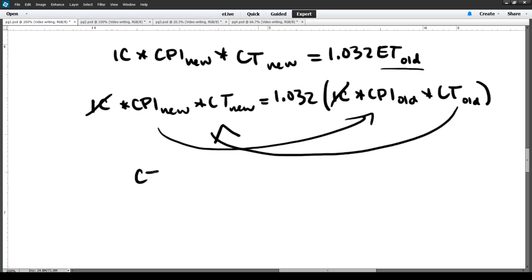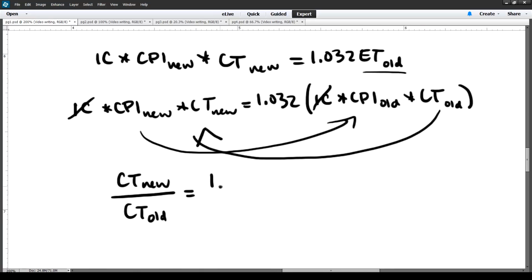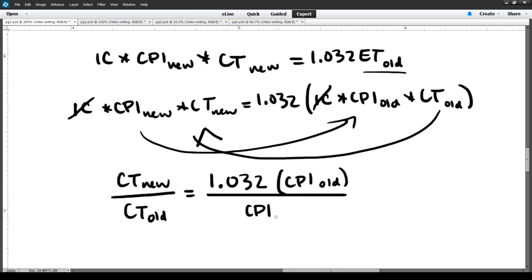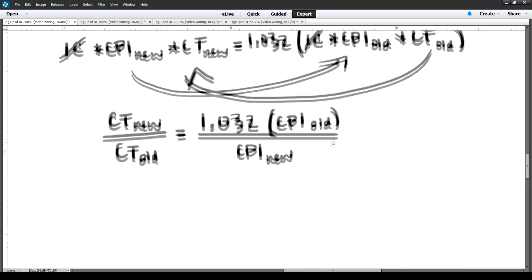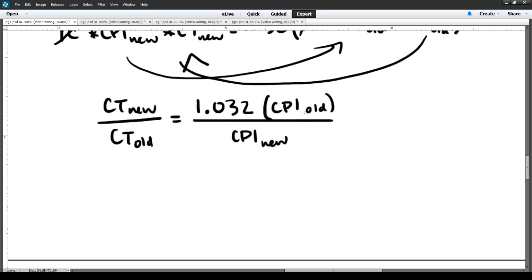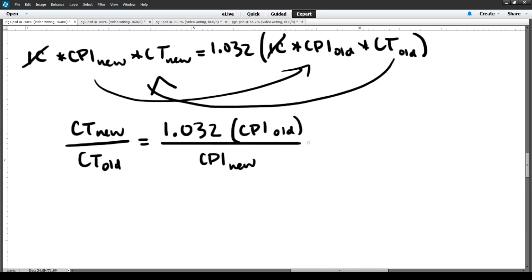and we'll end up with cycle time new over cycle time old is equal to 1.032 CPI old all over CPI new. And since we know the values for both of these CPIs, we're going to go plug those in.